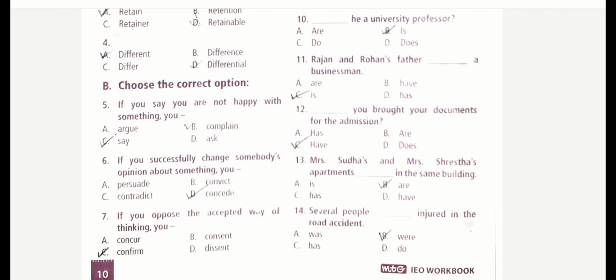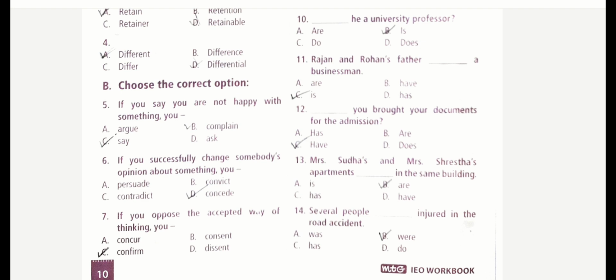So also understand what are the meaning of other words. Convict means to declare someone guilty of a crime after a trial, or to prove someone's wrongdoing through legal proceedings. So this is the meaning of convict. What is the meaning of contradict? It means to assert the opposite of what someone has said. If I said yes, you say no. So what is happening?